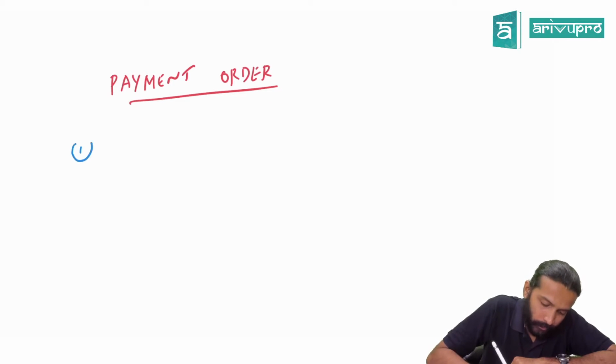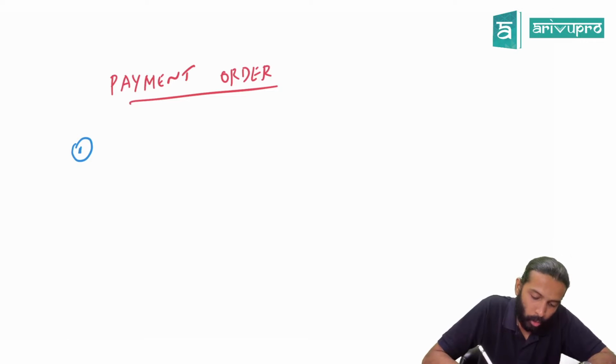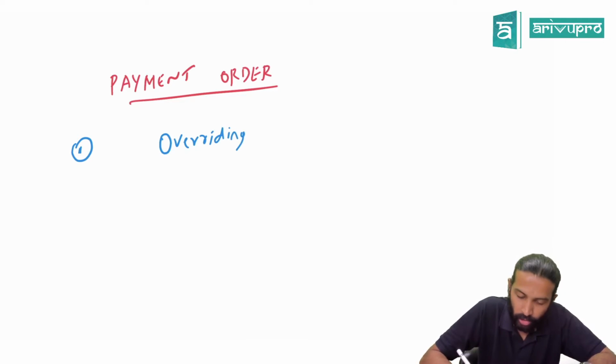First, you will pay something known as overriding preferential payments.